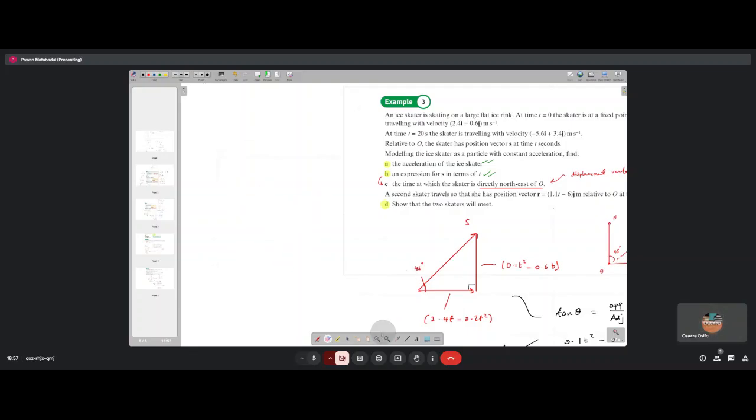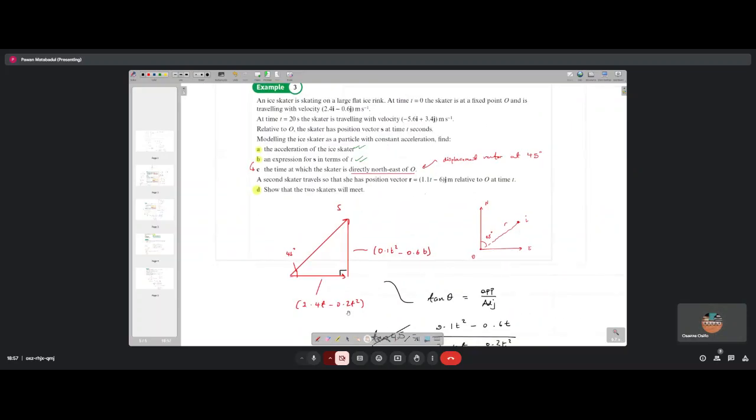So notice what they've given you is the displacement vector here, and then you have the displacement vector from part B. So what would you do to those two? Exactly, you would equate them, and then you'll notice something when you try and solve the equations.